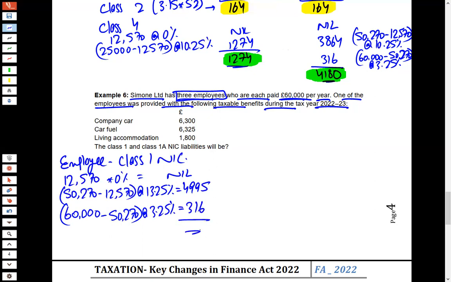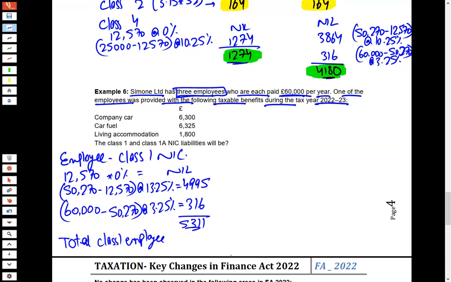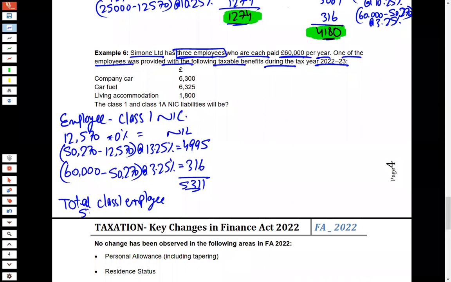As a result, the total class 1 employee NIC would be 5311 multiplied by 3.